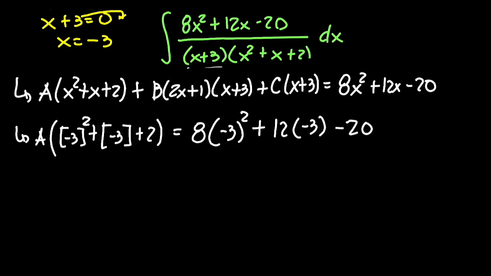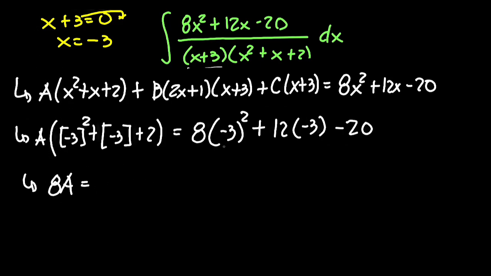And now let us simplify it. Negative 3 squared would be equal to positive 9 minus 3 plus 2. 9 minus 3 would be 6, plus 2 would be 8. So this would be 8 multiplied by a.